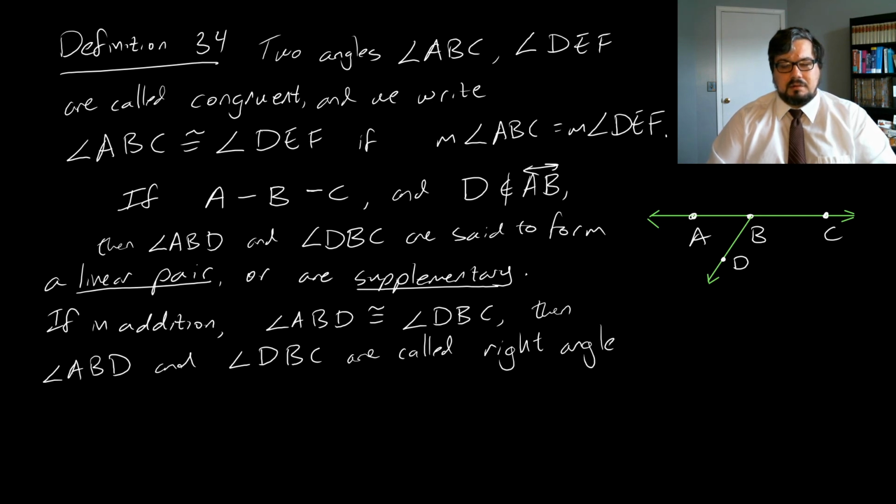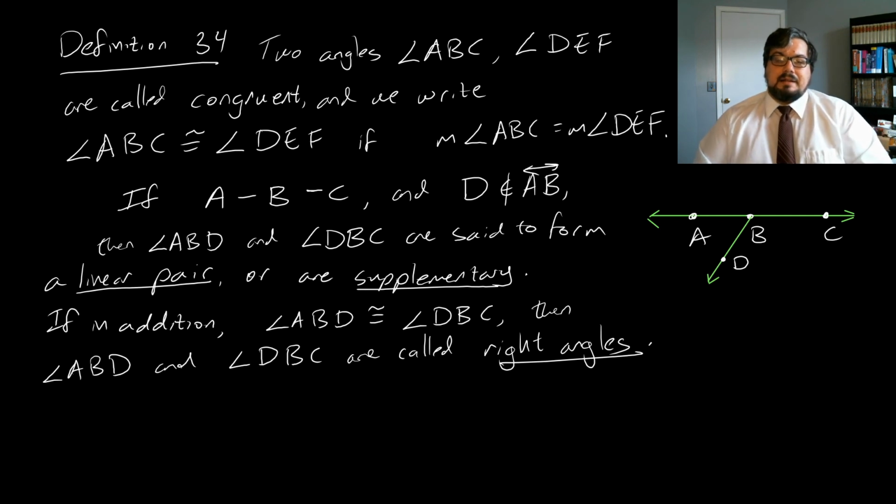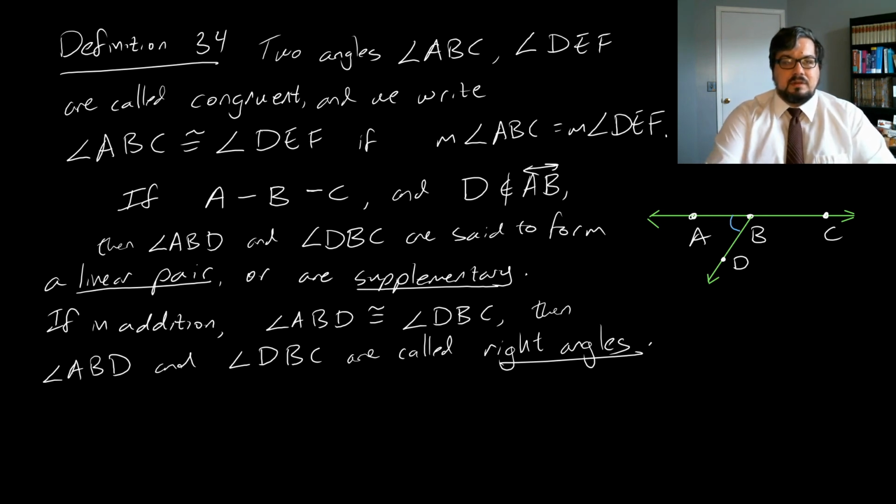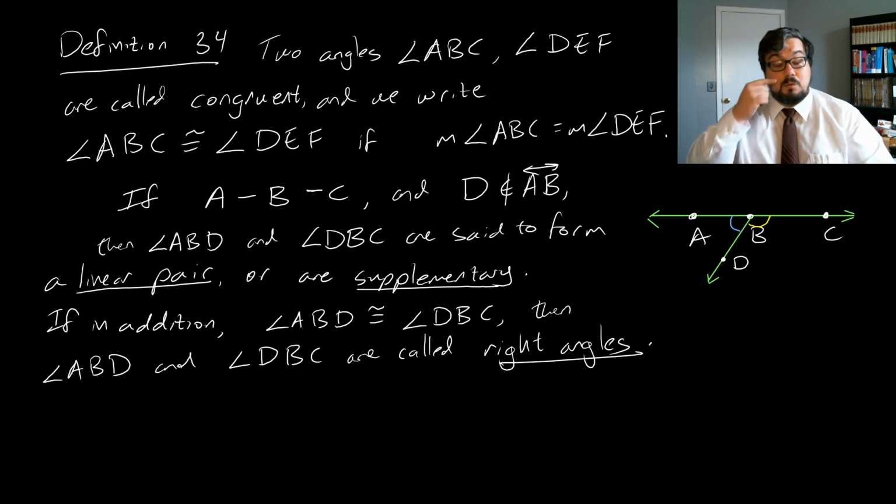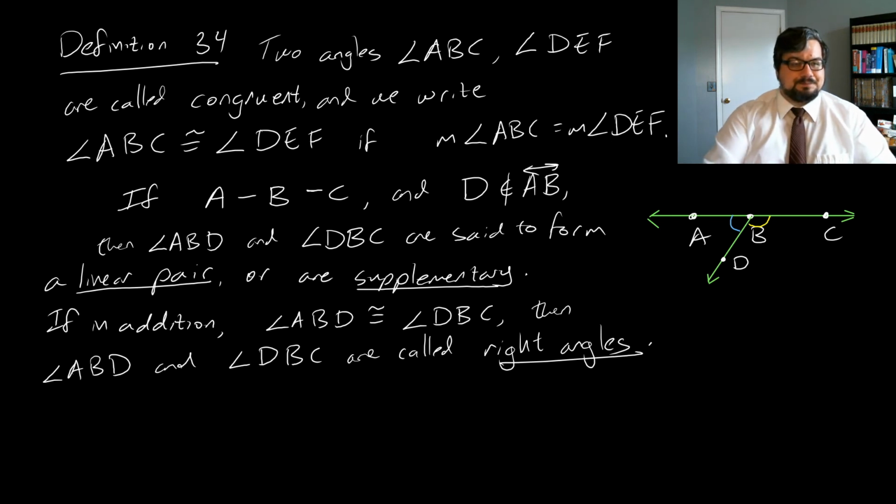So the angles ABD, rather, and DBC form a linear pair in our sketch here, and therefore we would also say that the two angles are supplementary. If they were congruent to each other, we would say that they were right angles, and we would denote them with a little square instead of this curve at the base of the angle.